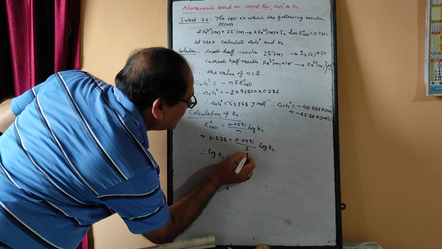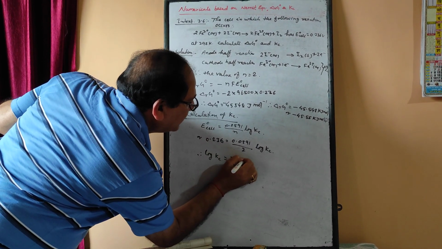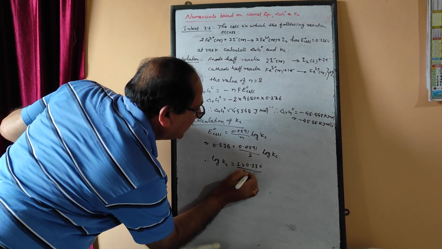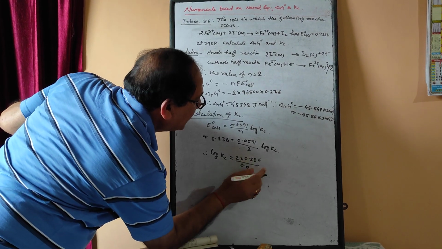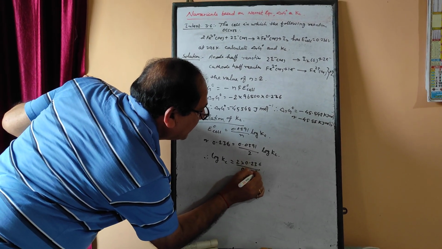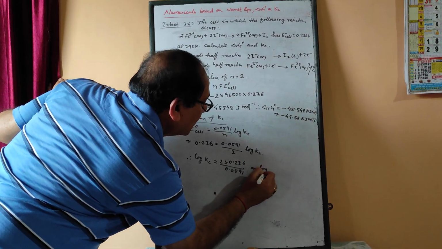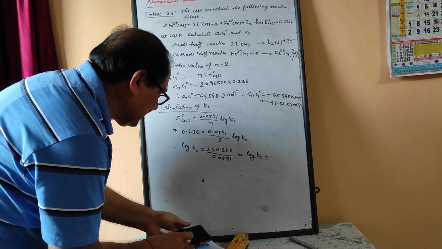Check. Just 2 into 0.236 divided by 0.0591.